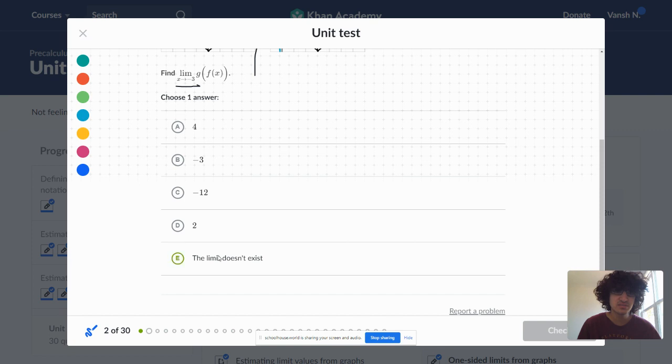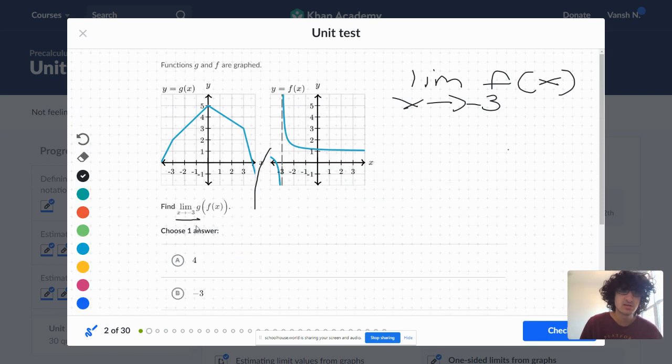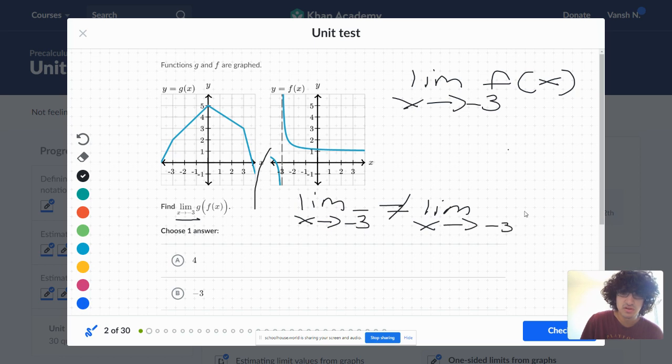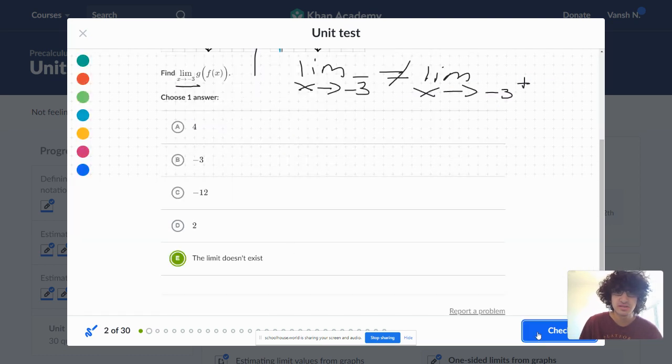It looks like the limit is not going to exist because the left and right hand sides don't equal. So I don't believe this composition is going to exist. So the answer would be D and E.